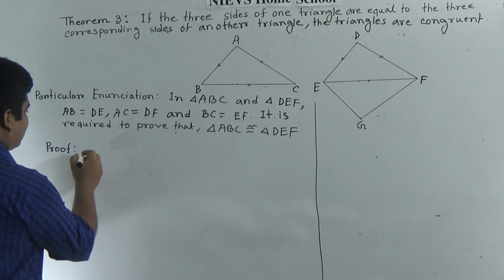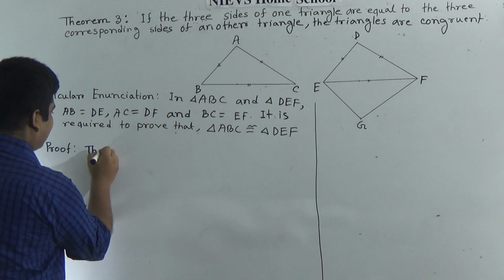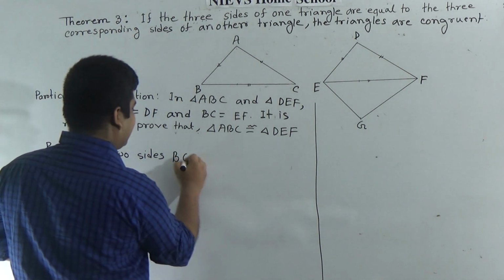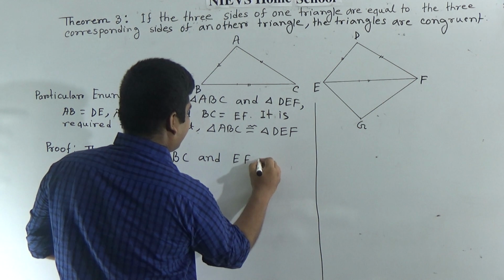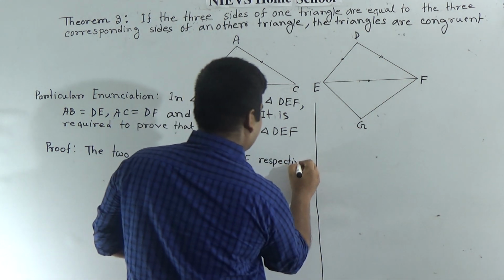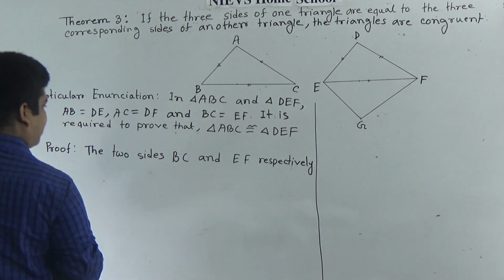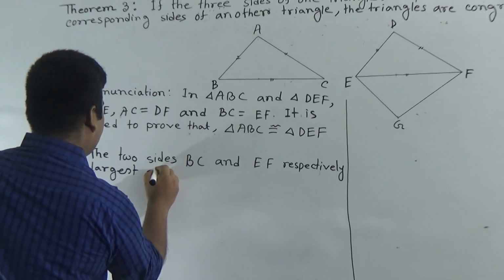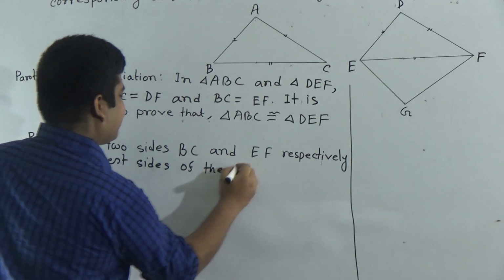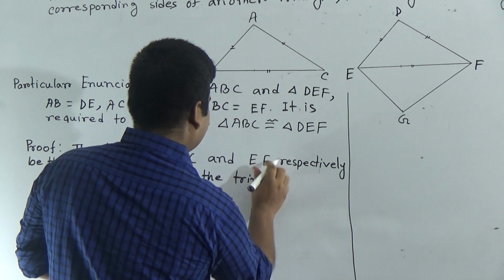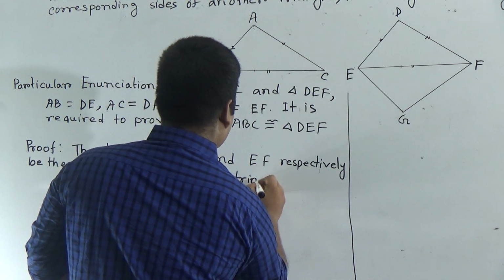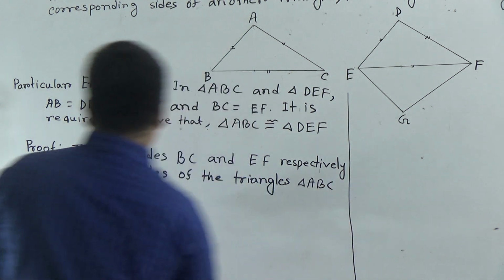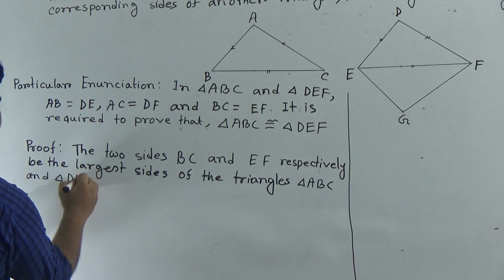So we write this: the two sides BC and EF respectively be the largest sides of the triangle ABC and triangle DEF.